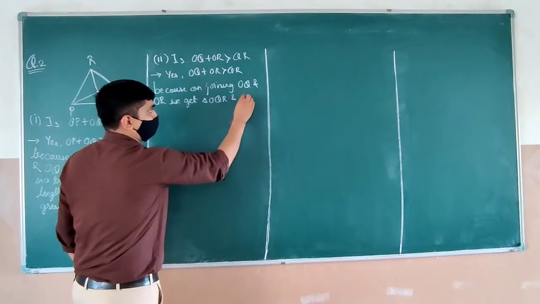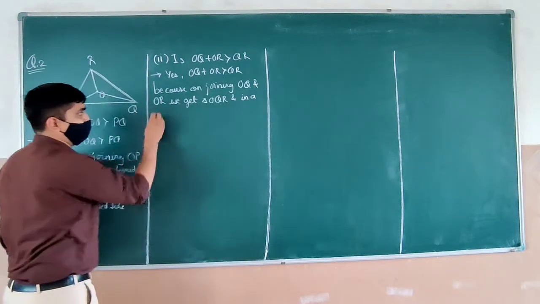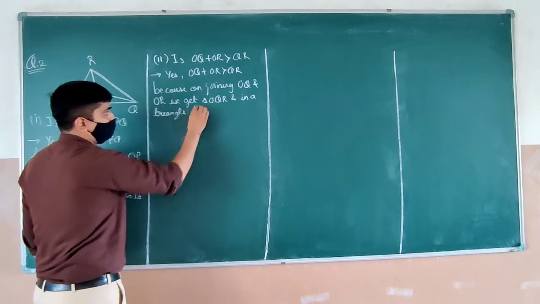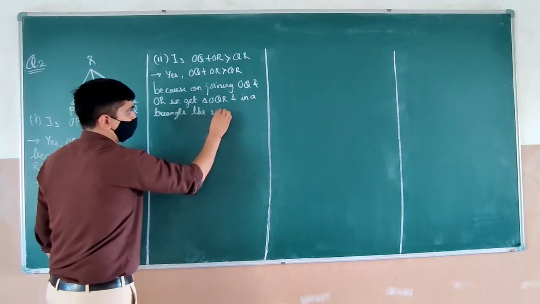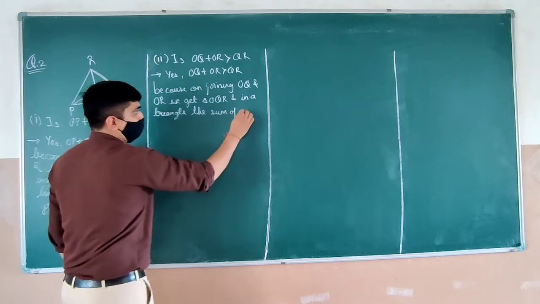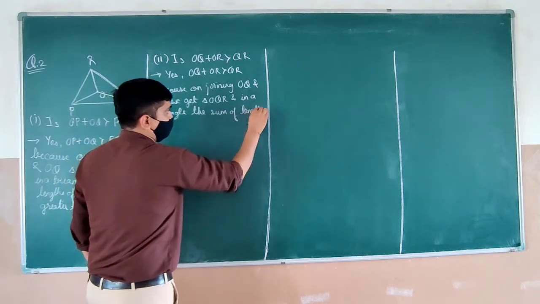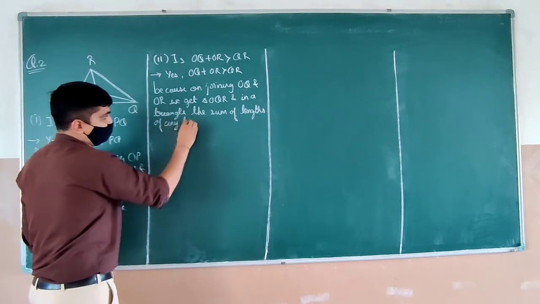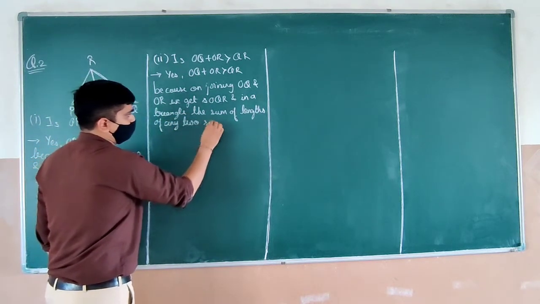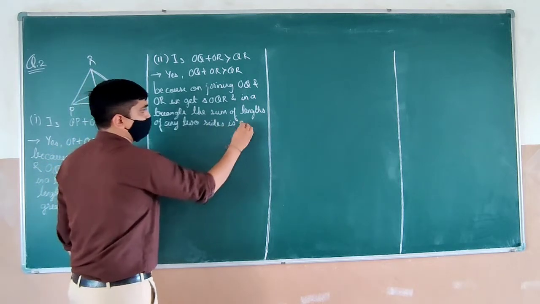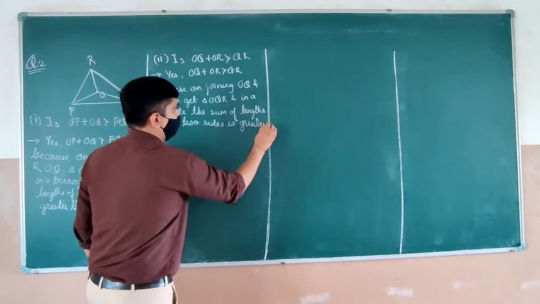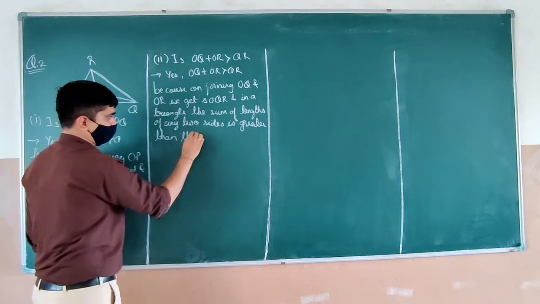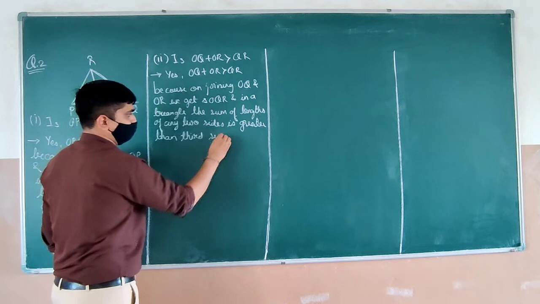And in a triangle, the sum of the lengths of any two sides is greater than the third side, right?